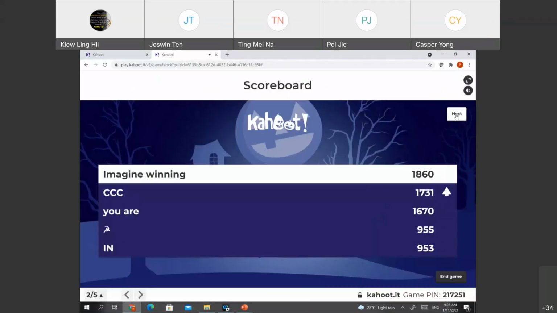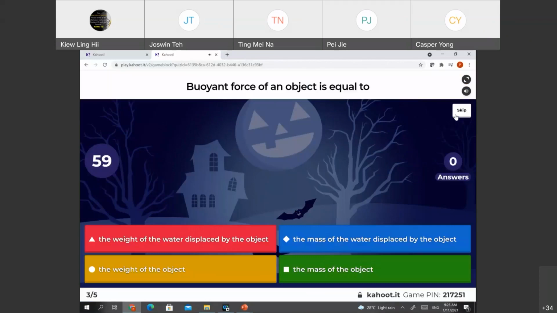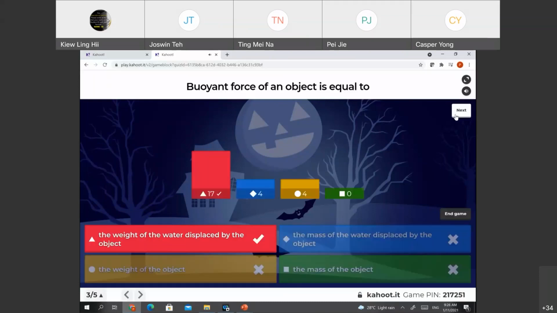Right, next. Buoyant force. Buoyant force equals the weight of the water displaced.